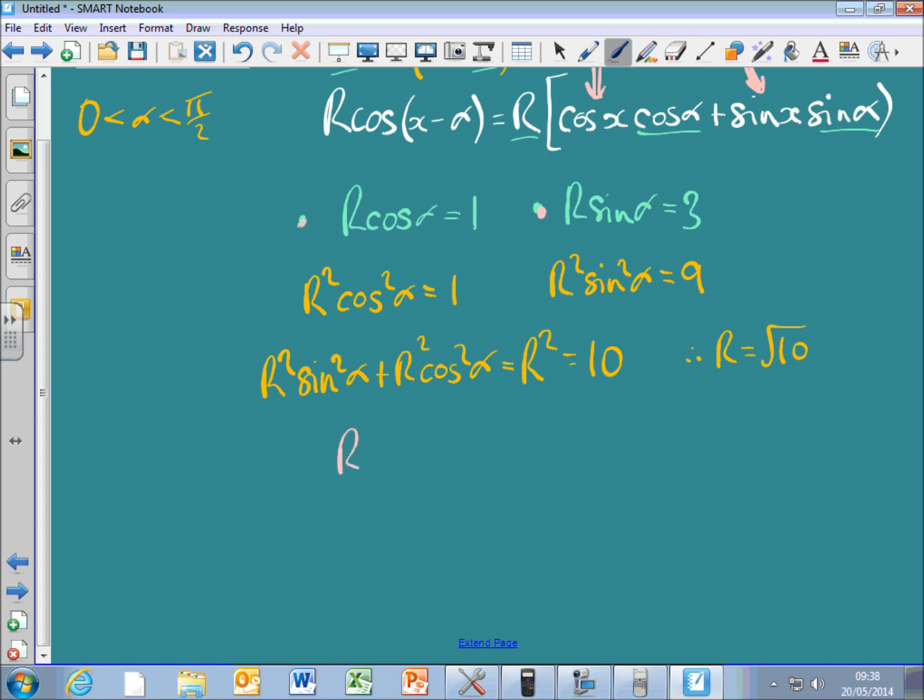So I'll get r sine alpha divided by r cos alpha. Well, the r's are going to cancel, and I'll just get tan alpha. And r sine alpha was 3, and r cos alpha was 1, so this should just equal 3. So, therefore, alpha is tan to the minus 1 of 3.